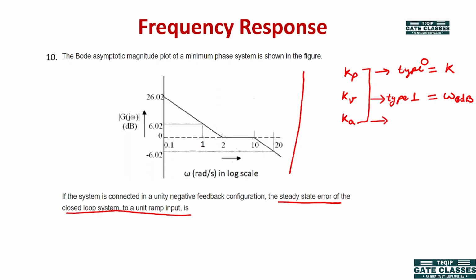And Ka is the acceleration factor calculated for a type 2 system and this is the value of omega square at which the magnitude plot crosses the 0 dB line.